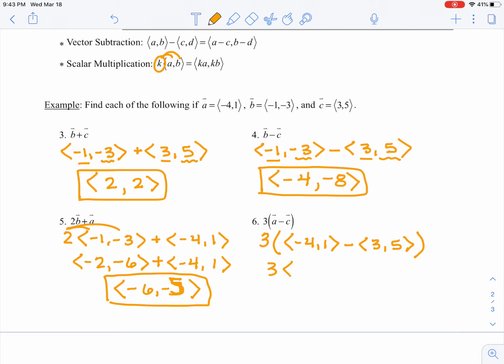First, I subtract the two vectors. So -4 minus 3 should be -7, and 1 minus 5 should be -4. And then I perform the multiplication. So 3 times -7 makes this -21, and 3 times -4 should be -12.